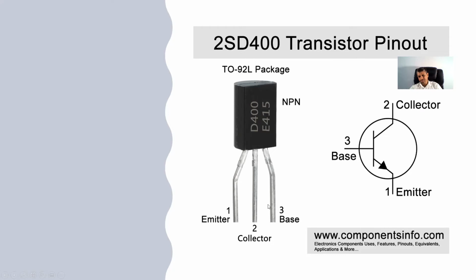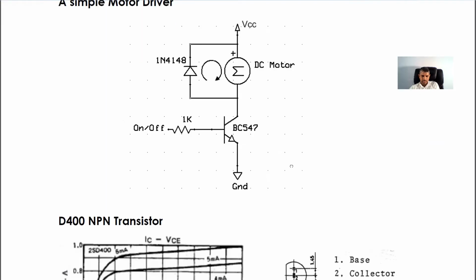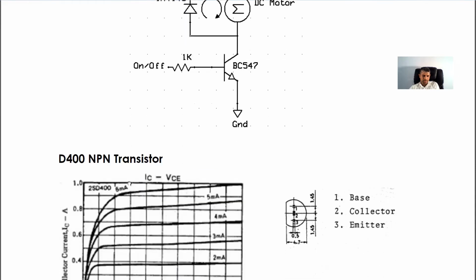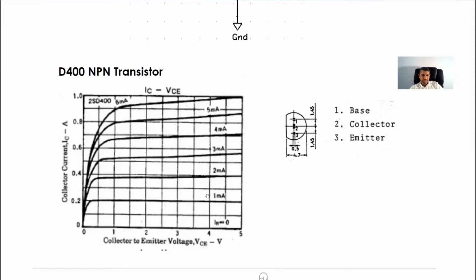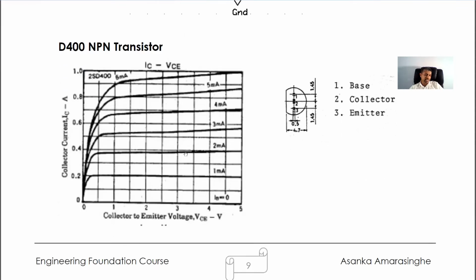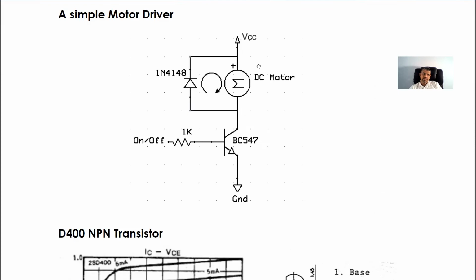This D400 transistor is slightly bigger in size than the other one. With the D400, you can see it is possible to flow milliamperes rather than the microamperes of the previous one, right? There's another thing to be explained.